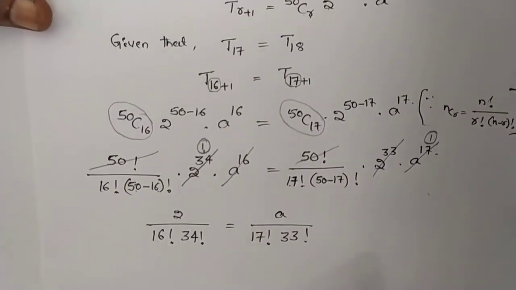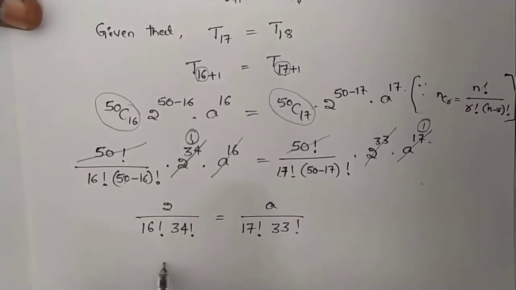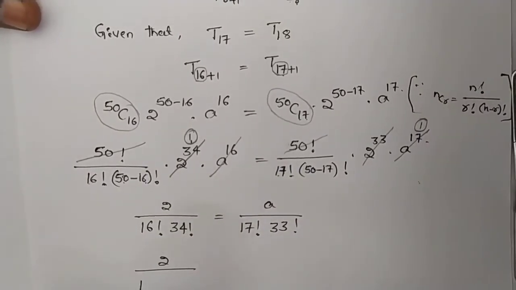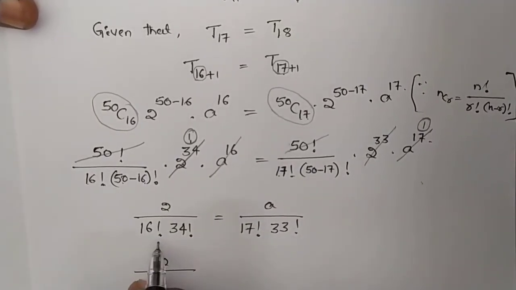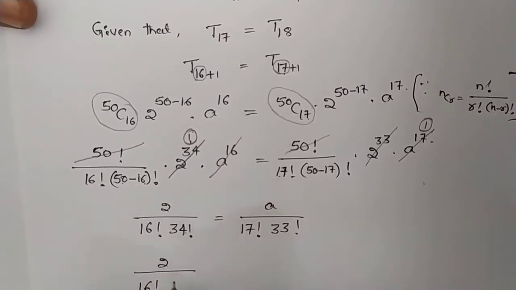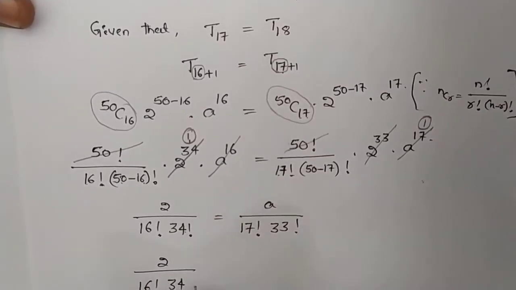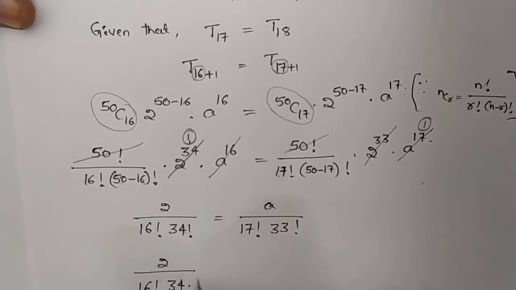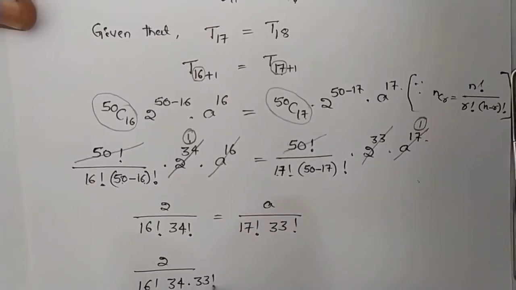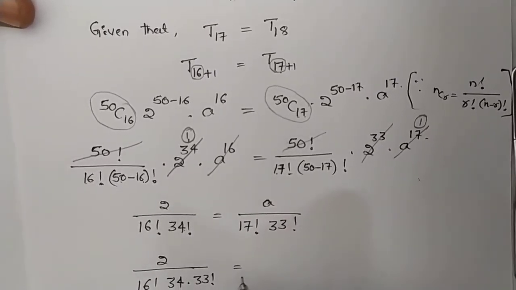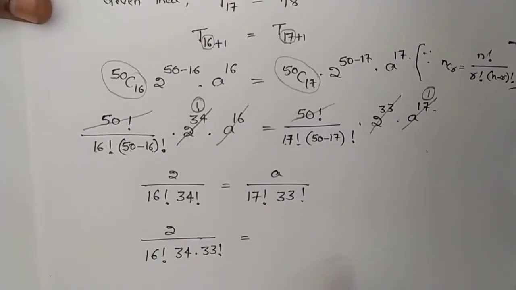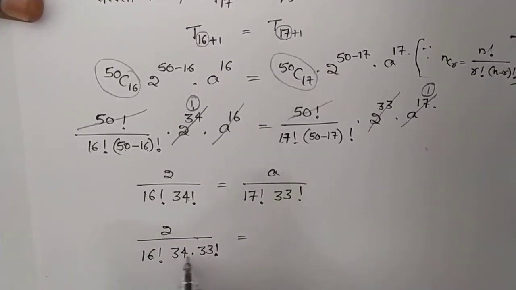We have to simplify further. Keep 2 divided by 16 factorial as it is. 34 factorial can be written as 34 into 33 factorial by using the definition of factorial.